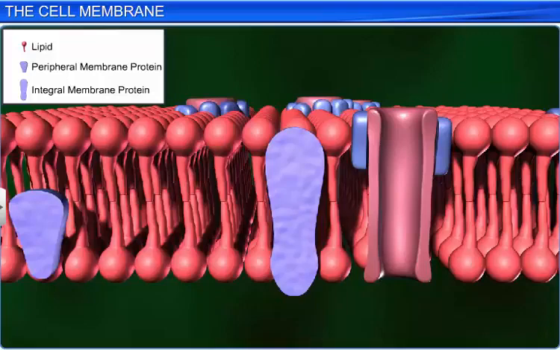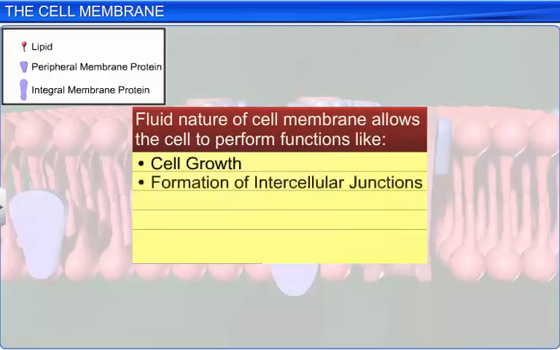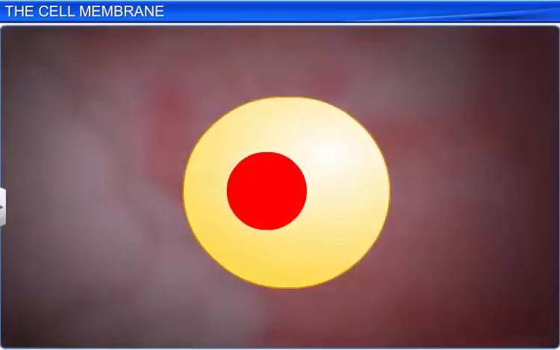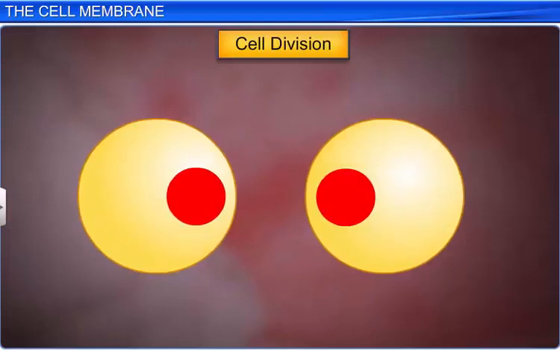The fluid nature of the membrane also allows the cell to perform important functions such as cell growth, the formation of intercellular junctions, secretion, and cell division. All these functions require flexibility in the membrane. For instance, during cell growth and cell division, the membrane has to extend.